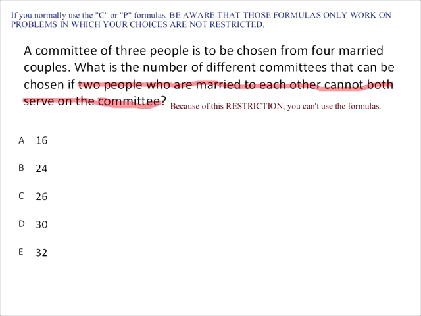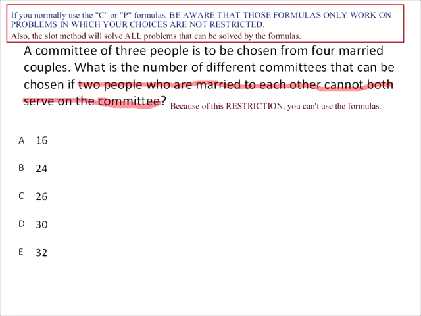Also, this is your takeaway: the slot method will solve all problems that can be solved by the formulas. So the main reason that I'm not really talking about formulas right now is because you don't really need them.